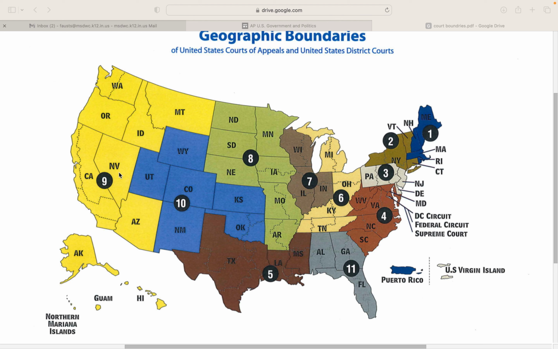Again, if you are a liberal and there is a liberal cause that you are trying to get before the Supreme Court, you are probably going to try and sue someone out here and get it appealed to the 9th Circuit. The odds of the judges from the 9th Circuit and the 5th Circuit ruling on the same exact case the same way, they might, but then again, they might not.